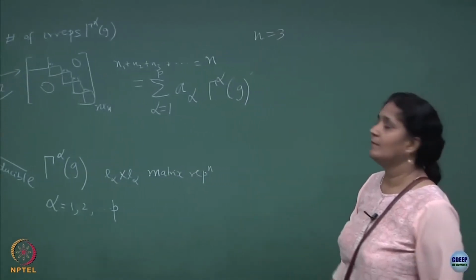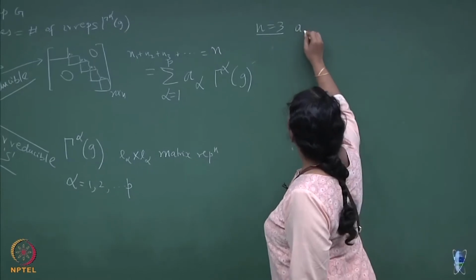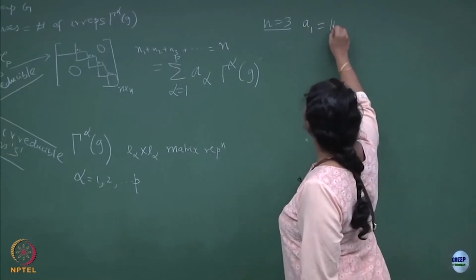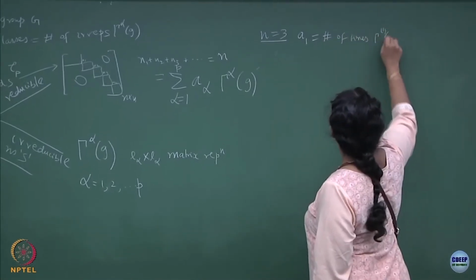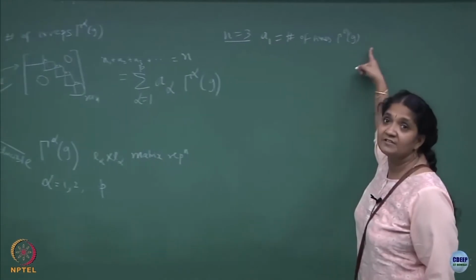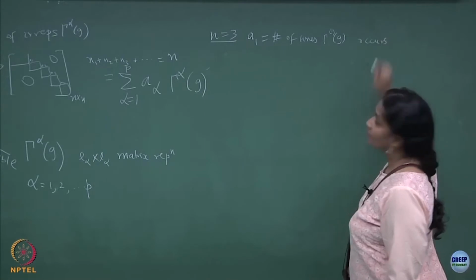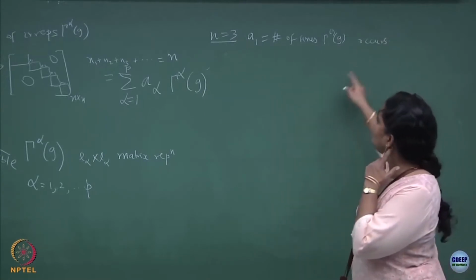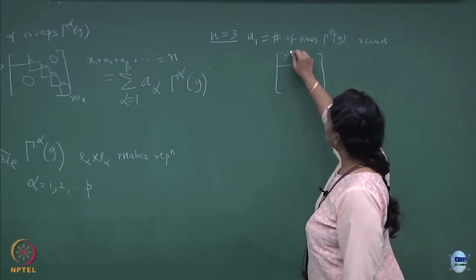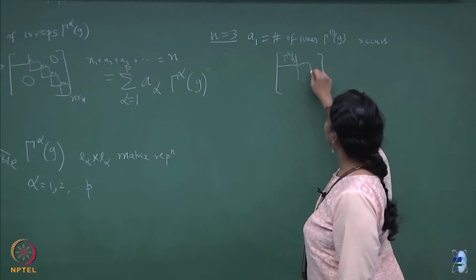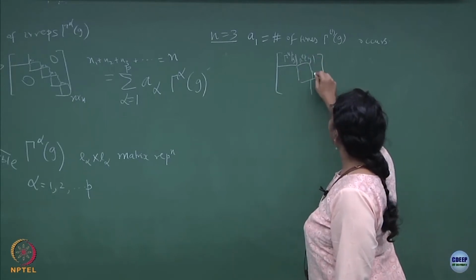Let us say that A1 is the number of times gamma 1 of G, this irrep, occurs. How do I denote it in the matrix form? This will be a gamma 1 of G, this will be a gamma 1 of G, and this will be a gamma 1 of G.